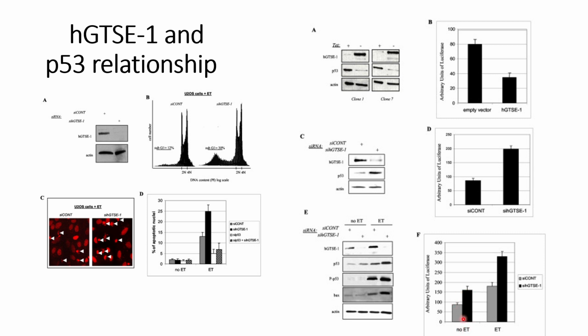In the no ET condition, no stress condition, they can see the luciferase signals increased when the cells are treated with silencing hGTSE. However, they are far below when the cells are under stress and hGTSE is knocked down, because in this condition there is no upper control over p53 expression by hGTSE.